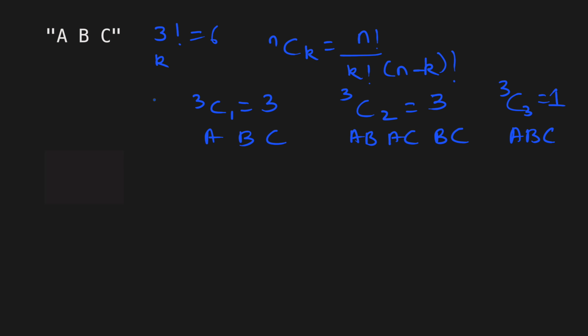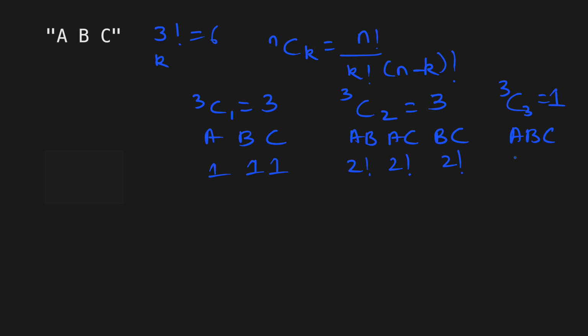And then the next step will be to permute the selected tiles, and that can be done in k factorial ways, where k is the number of tiles selected. For example, here we have only one character each, so each of these subsets will create 1 factorial or 1 permutation each. For these subsets of size 2, we can create 2 factorial permutations each, that is 2 each, like AB to BA, AC to CA, BC to CB.